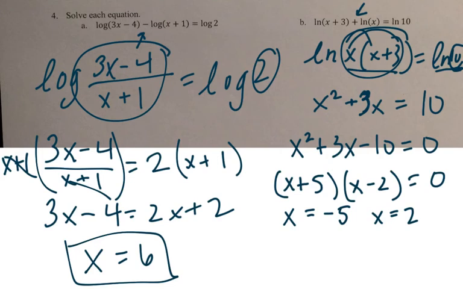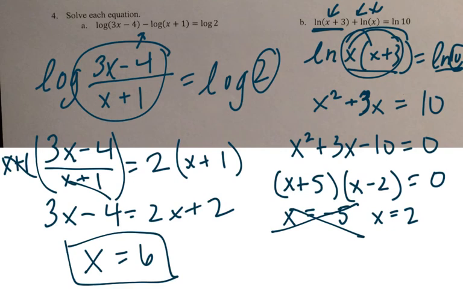And then we're going to plug those in and check to make sure that I don't take logs of negative values. If I plug in x equals negative 5 here and here, I end up getting logarithms of a negative value, which I cannot do. And so this answer is not possible.